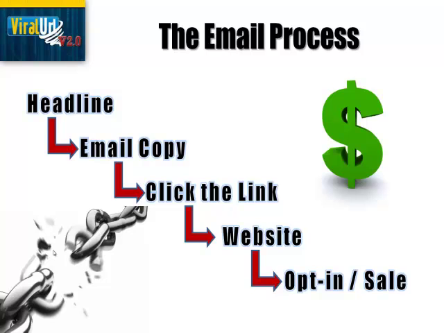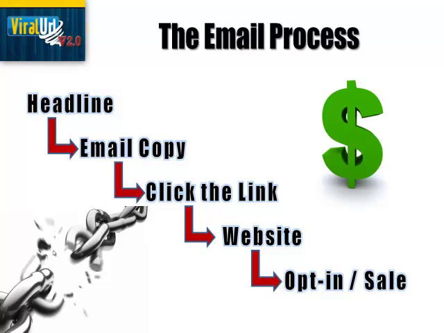Okay, so there's a lot of work and a lot of testing that needs to go on throughout this process. And that's what I really believe ViralURL is. One of the awesome parts about ViralURL is it gives you that ability, if you're a gold member or above, to be able to send out emails on a regular basis and test your emails and see which gets better results.